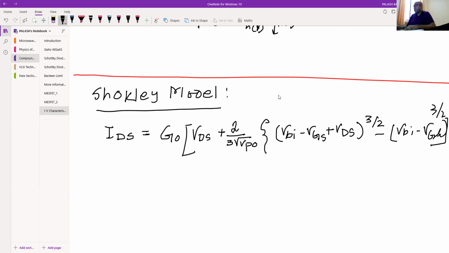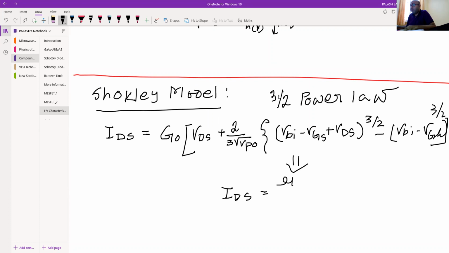So this is what we have got last day, and this is sometimes called the 3 by 2 power law. Right? 3 by 2 power law. There is some modification of this rule, so one of these things we often write as mu 3 by 2.